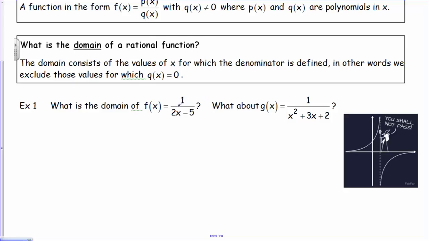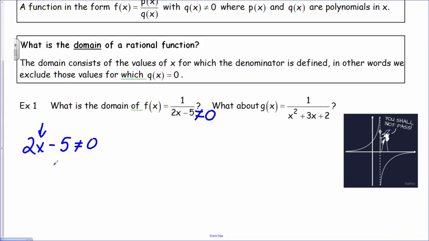F of x, which is equal to 1 over 2x minus 5. Well, since we said that these rational functions can be pretty much any x value except where the bottom is equal to 0, because that's where we start seeing that undefined statement, all we're going to do is set 2x minus 5 not equal to 0, and actually find for what x values that is happening, where we see that undefined statement.